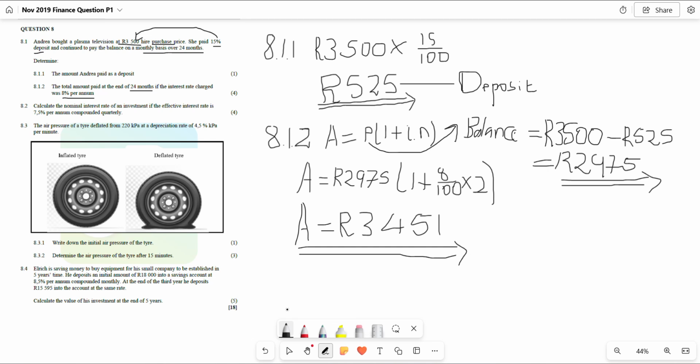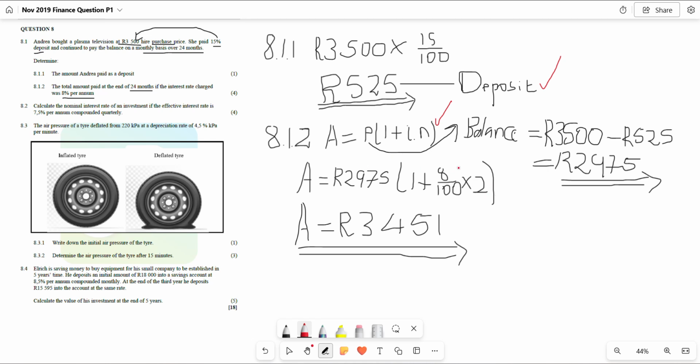Then if we go back to 8.1.1, the mark allocation there was 1 mark. We are going to give you 1 mark for the deposit, 525. Then 8.1.2, the mark allocation there is 4 marks. 1 mark is for choosing the correct formula from the formula sheet. As far as the hire purchase agreement is concerned, we are going to use the simple interest formula.